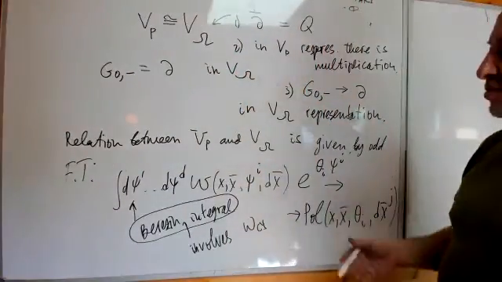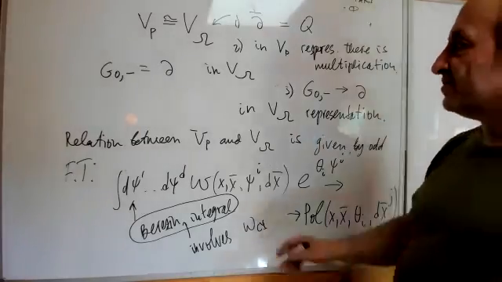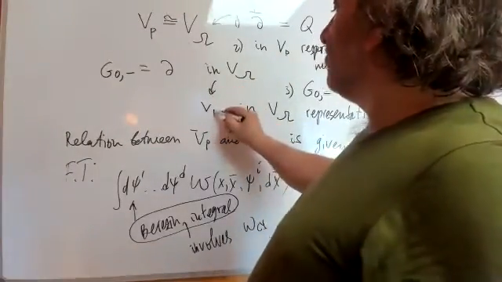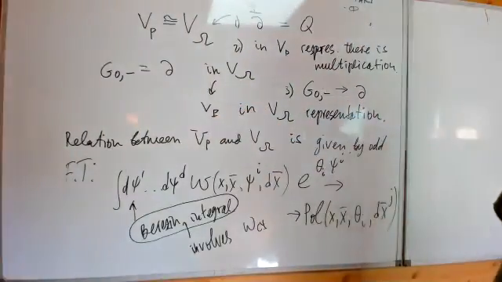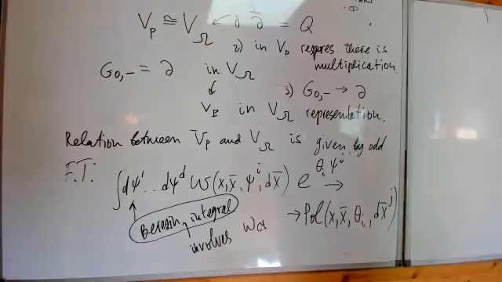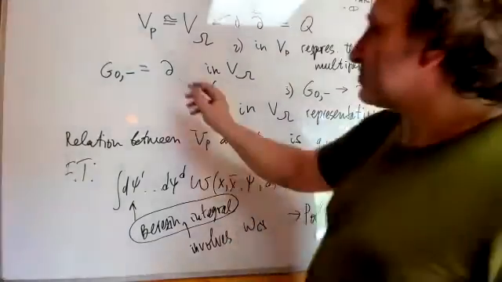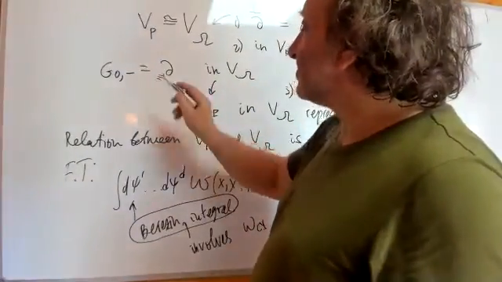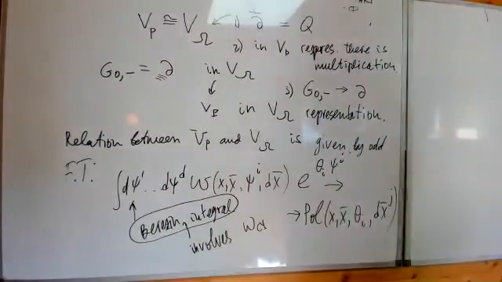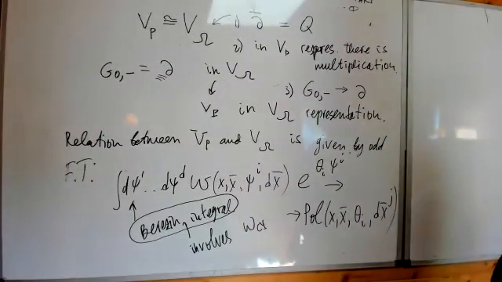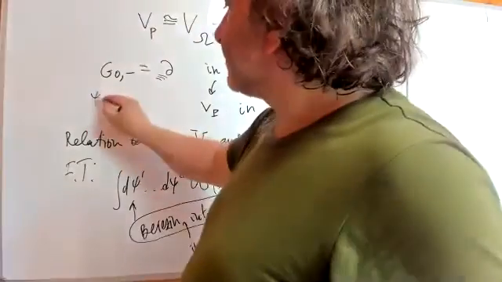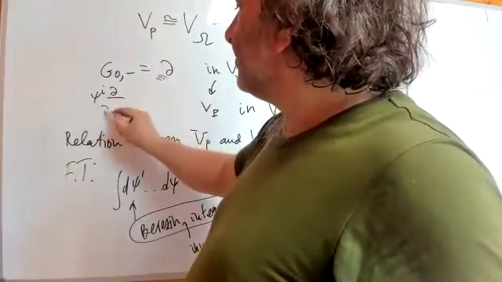So when I do this Fourier transform, I would go to VP and here I have this D, written like this.